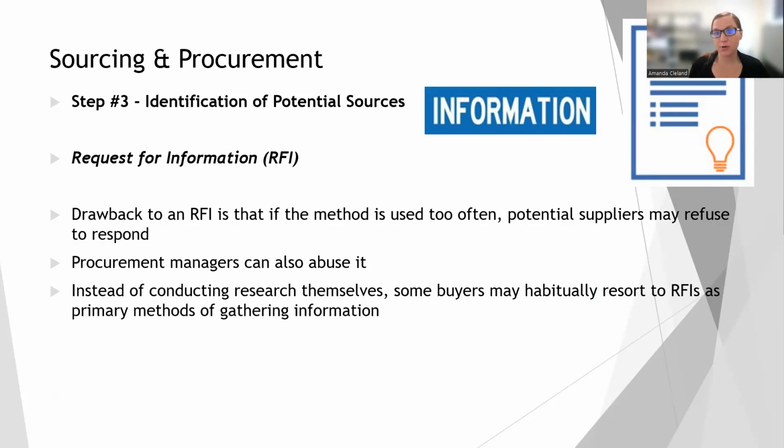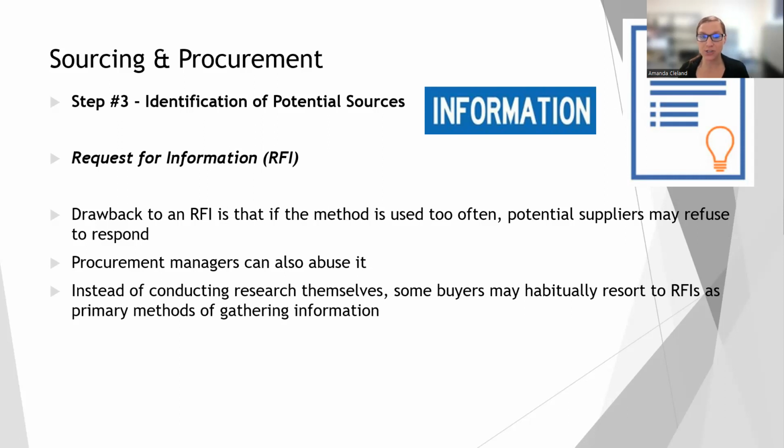The drawback to an RFI is a lot of times procurement professionals end up overusing it, and it gets sent to every single supplier multiple times. So suppliers may say, this just is not worth my time, I'm going to ignore this and not answer it, because procurement managers have typically abused it.